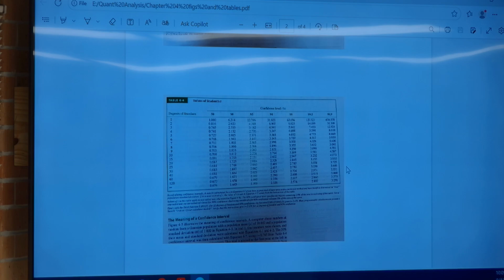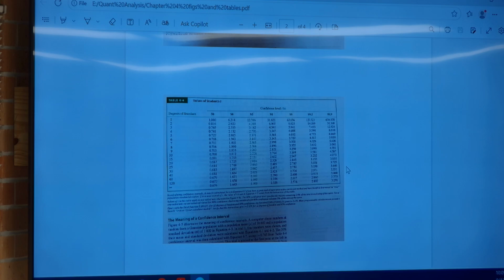If you made 3 times, then degree of freedom is 2. If you measure 5 times, then degree of freedom is 4. So always n minus 1. So this column is degree of freedom, and then confidence level we'll explain very soon. Here it lists 50%, 90%, 95%, 98%, 99%, 99.5%, and 99.9%.